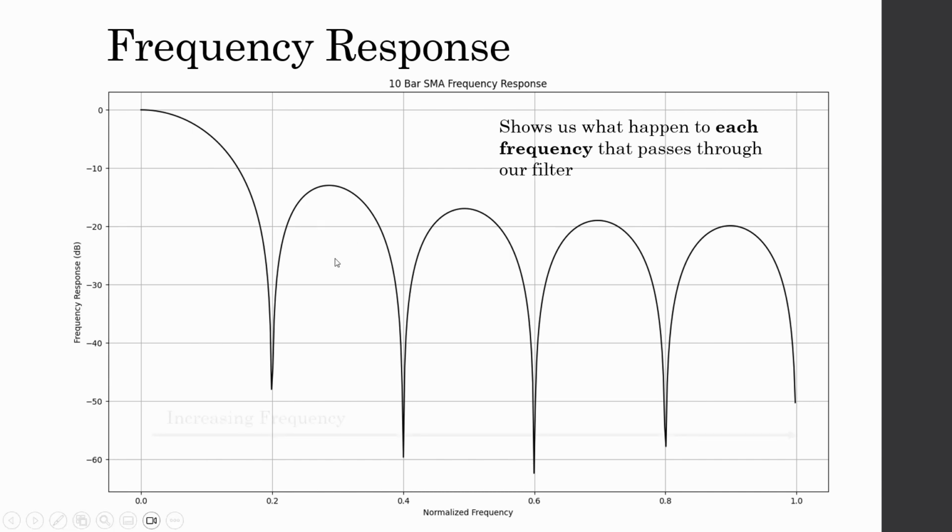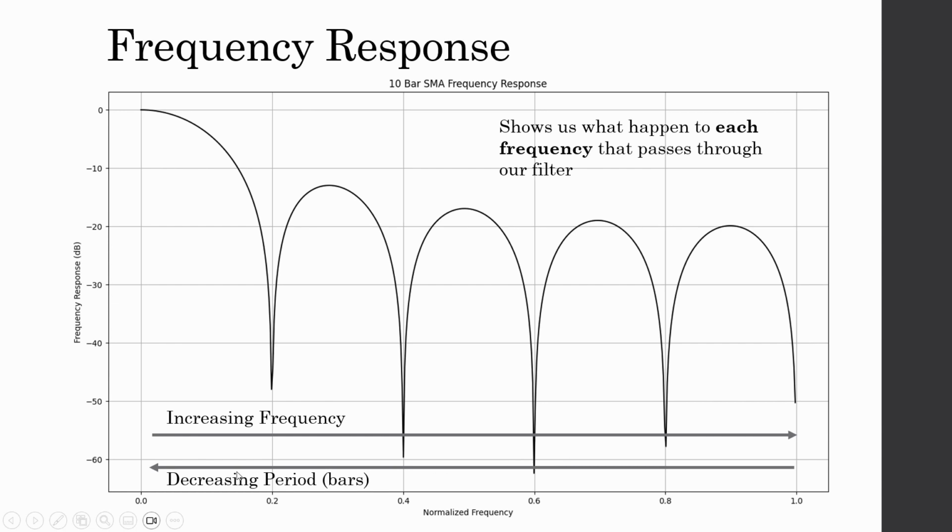So we've got increasing frequency on the x-axis, decreasing period, decreasing number of bars. And you can think of this as a volume slider.